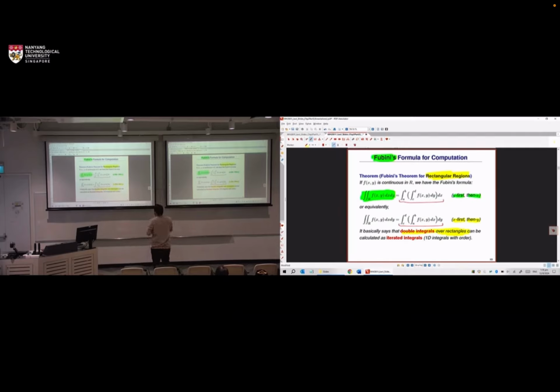Sometimes if you do y first, you may get into integration by parts. So you deliberately do x first, and then you avoid the integration by parts. Or sometimes y first makes the integration very easy. You must keep a lookout, then you choose which one to do.